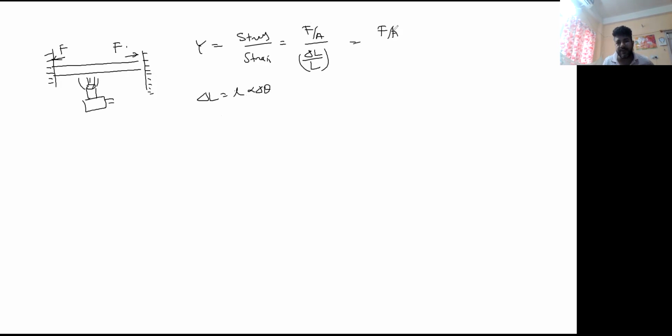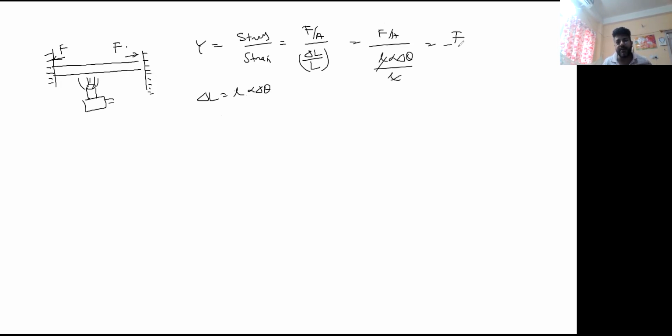So if I have to find out this force, मुझे मालूम है Y क्या होता है, Young's modulus, stress by strain. स्ट्रेस क्या होता है, स्ट्रेस होता है फोर्स पर यूनिट एरिया. स्ट्रेन क्या होता है, चेंज इन लेंथ बाय ओरिजिनल लेंथ. अब मेरा चेंज इन लेंथ क्या है, चेंज इन लेंथ है L alpha del theta. So force per unit area by L alpha del theta by L cancel.